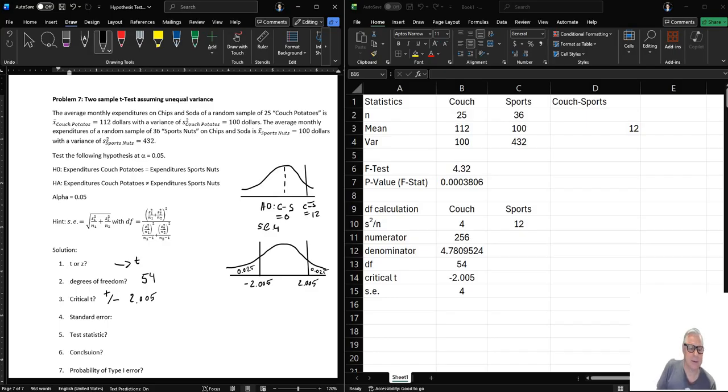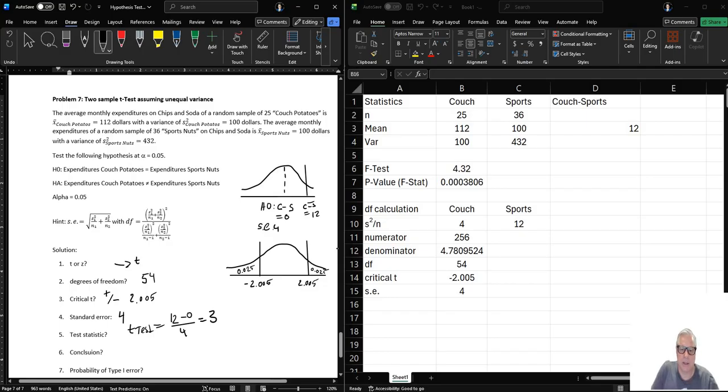And then our test statistic is our t test. Well, that's the 12 minus the 0. So how far is that away from 0? Well, 12 over our standard error of 4. So now we get a very nice test statistic of 3.